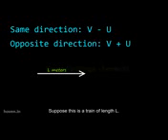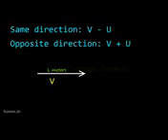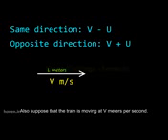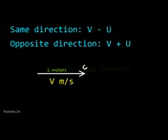Suppose this is a train of length L. Also suppose that the train is moving at v meters per second. Let this be some object.